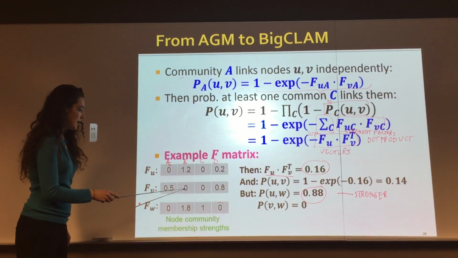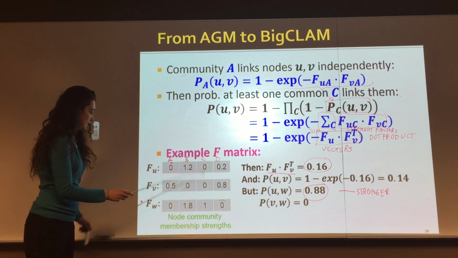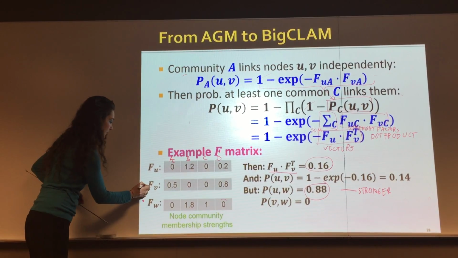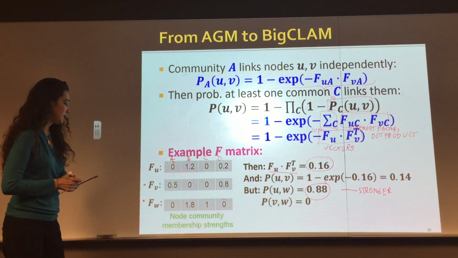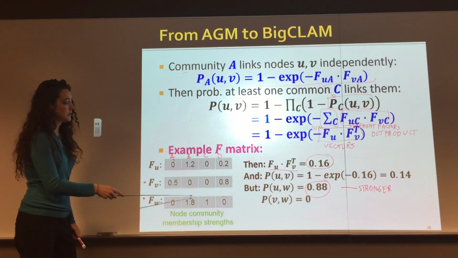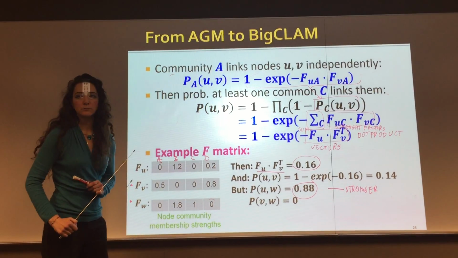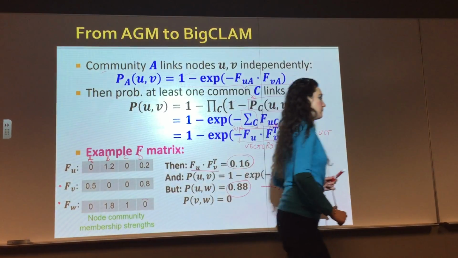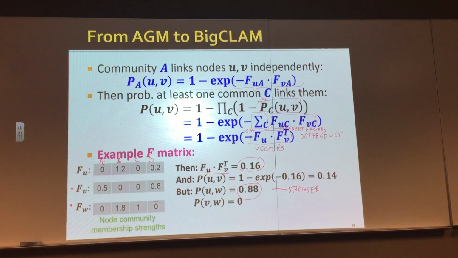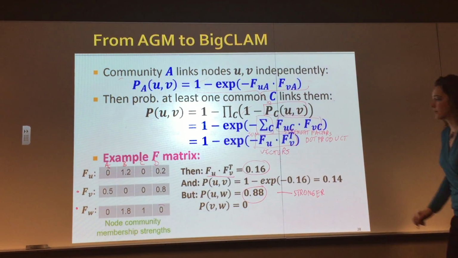For B, the other one is not a member. For C, same, is not a member. And for D, the second one is not a member. They share no common communities, and the probability is 0 for them to become mates. So they do not share any community.